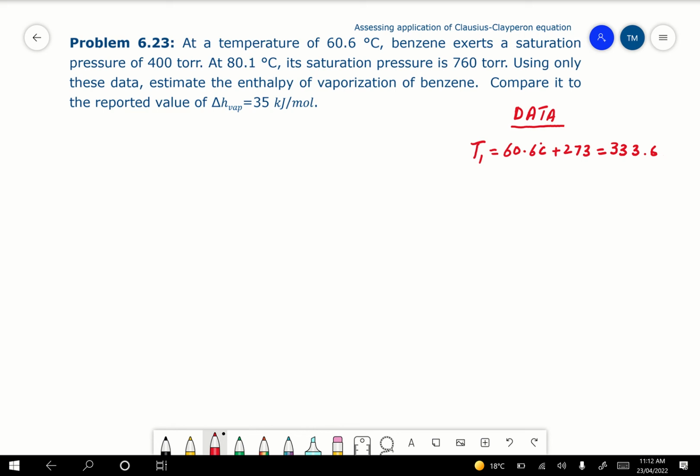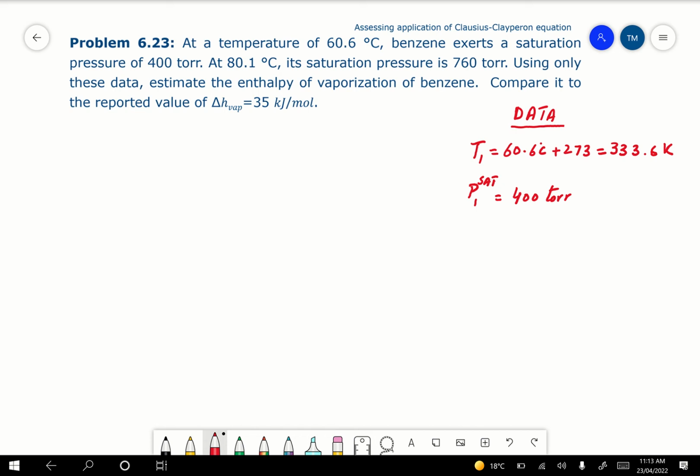and benzene exerts a saturation pressure. So this is first saturation pressure, P1 sat, which is 400 torr. So we don't need to change this unit for the time being, because in this case units will be cancelled.